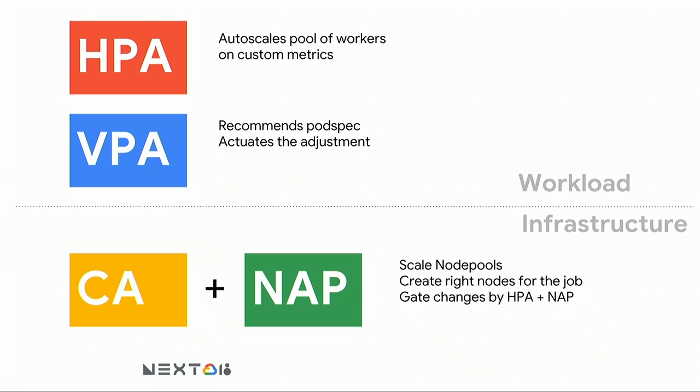And then on the infrastructure layer, the cluster autoscaler is observing the unscheduled pods, and it's actually consulting with the VPA so that this process doesn't happen prematurely in an awkward way. We don't want all of the pods to be killed first and then be pending later.